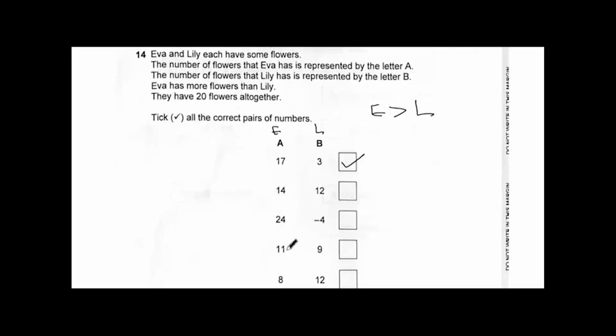The next one is 19, and the next one is 11 and 9. They add up to 20, and Eva has more than Lily, so we'll tick this. The last one, 8 and 12, add up to 20, but Eva does not have more than Lily, so we'll leave this. So these are the two correct options we have here. Okay, let's go to the next question.